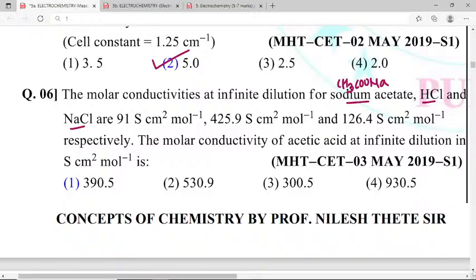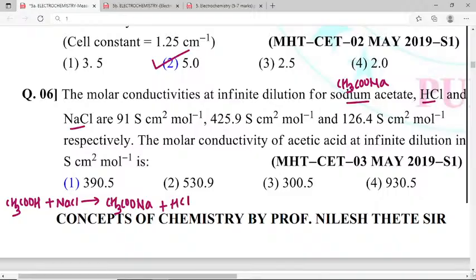We have to calculate acetic acid. CH3COOH acetic acid plus sodium chloride NaCl gives sodium acetate CH3COONa plus hydrochloric acid.